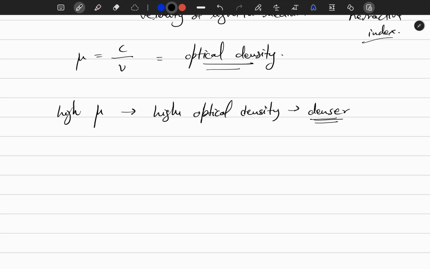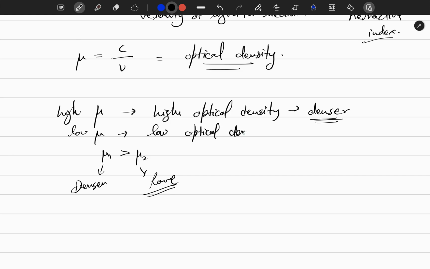If there are two media, medium 1 which has greater refractive index than medium 2, then medium 1 is called the denser medium, and medium 2 will be called a rare medium. So high mu means high optical density, and low refractive index means low optical density, so it will be a rare medium.